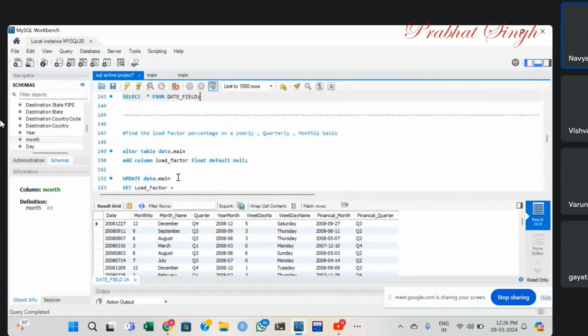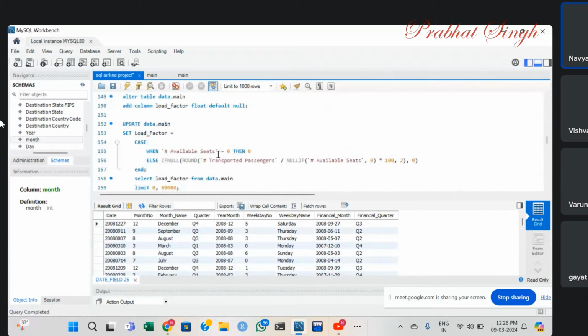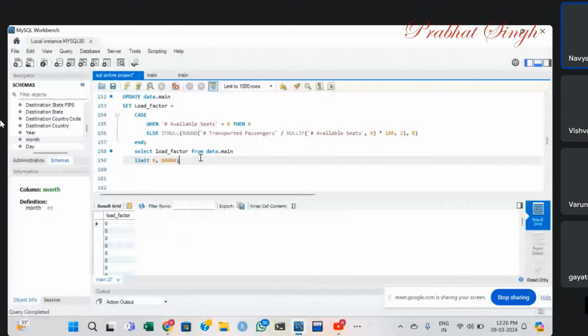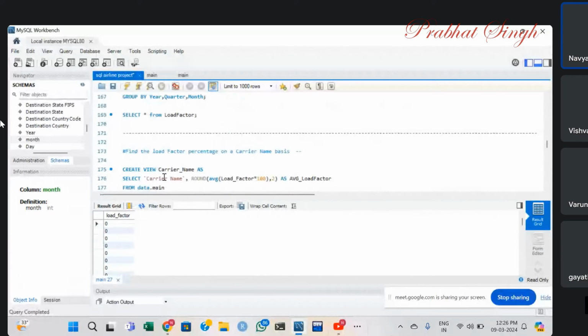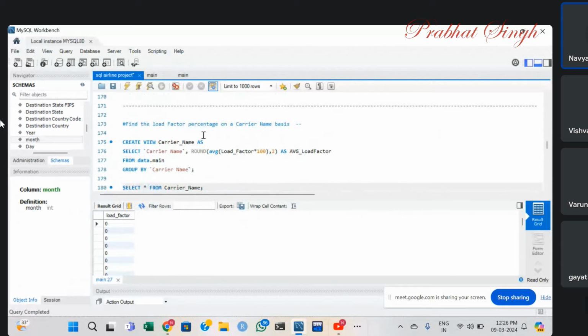Moving to the second KPI, we have to find the load factor percentage on a yearly and quarterly basis. Here is the output. The third KPI is to find the load factor percentage on a carrier name basis.